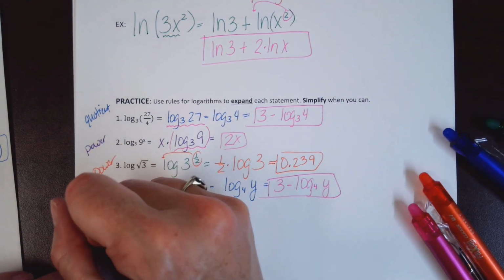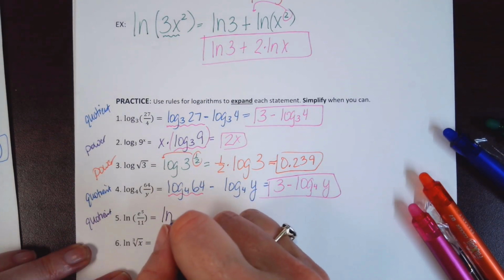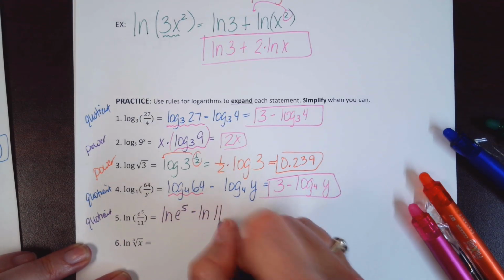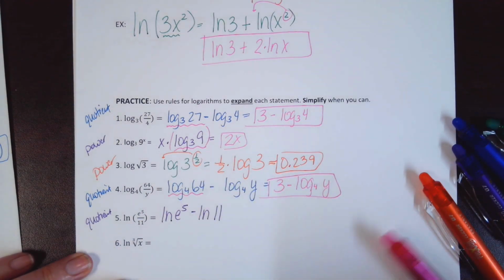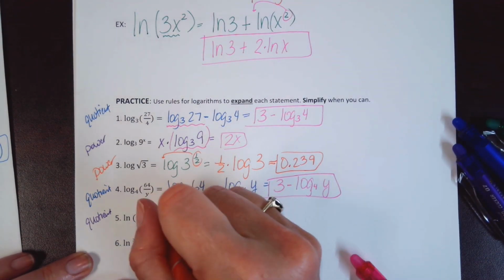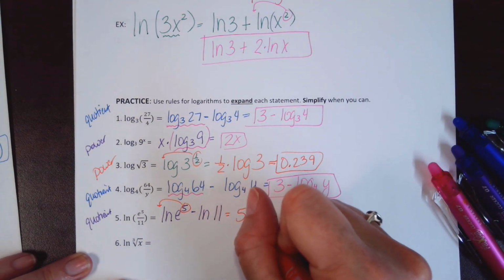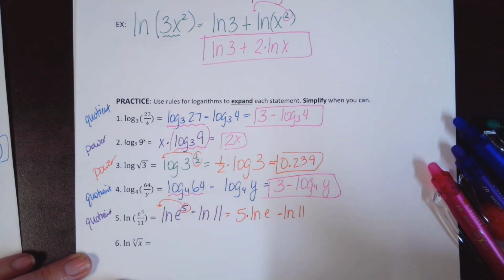Again, I've got a quotient. I'm going to start with that quotient rule. So natural log of e to the 5th minus natural log of 11. And I see right here I've got an exponent, so I'm going to use my power rule on this first expression. So now I've got 5 times natural log e minus natural log of 11.